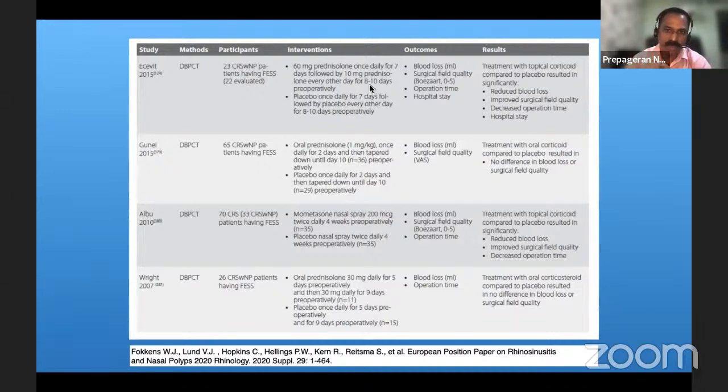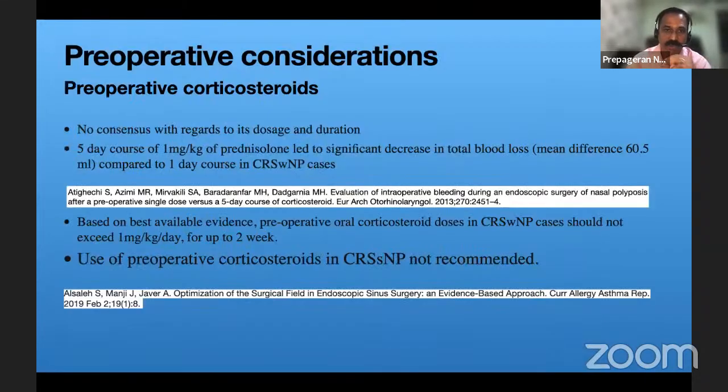So is it possible that you only get the benefit of reduced blood loss and improved surgical field if you have a loading dose of at least 60 milligrams of prednisolone for the week? That is something that we need to explore and find out among ourselves.